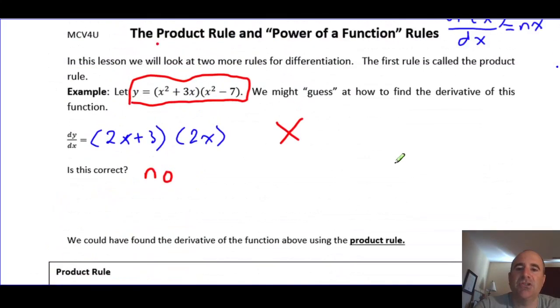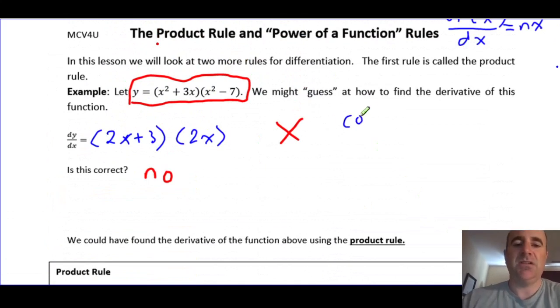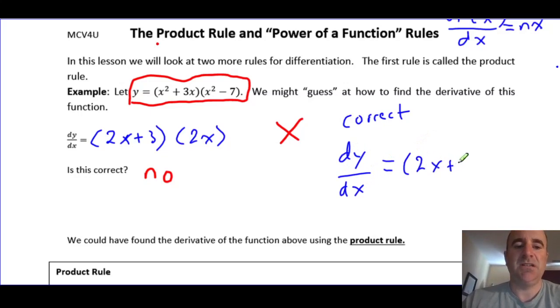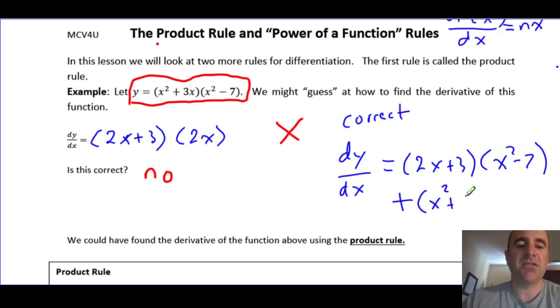Meaning that if I actually wanted to do the question up here, the correct way to do it would be to say dy by dx is equal to the derivative of the first, 2x plus 3, times the second, x squared minus 7, plus the first, x squared plus 3x, times the derivative of the second, which is 2x.